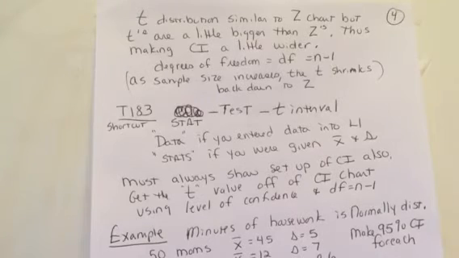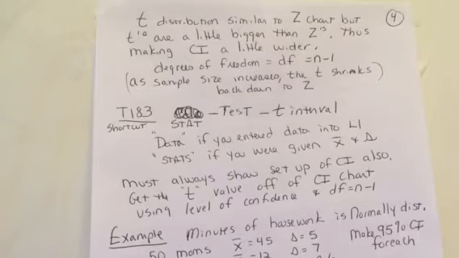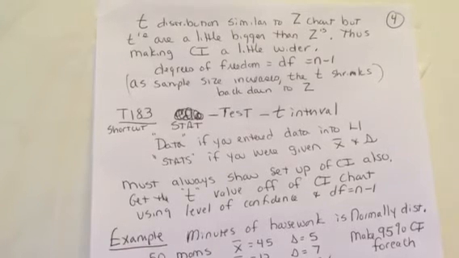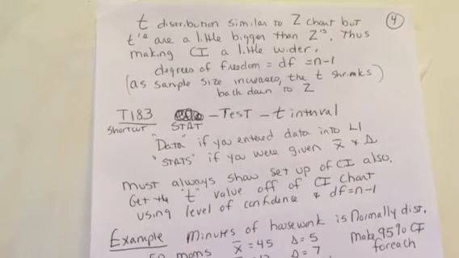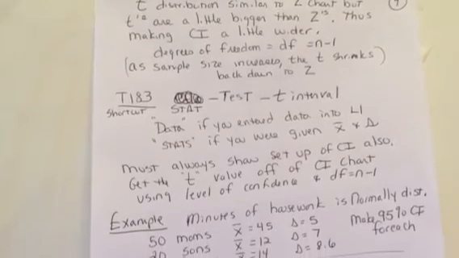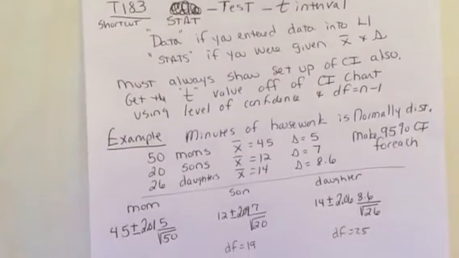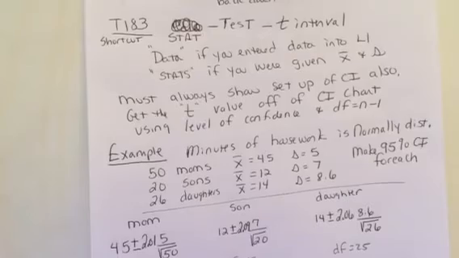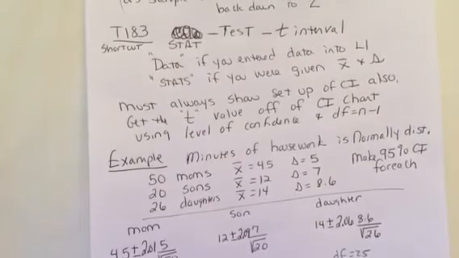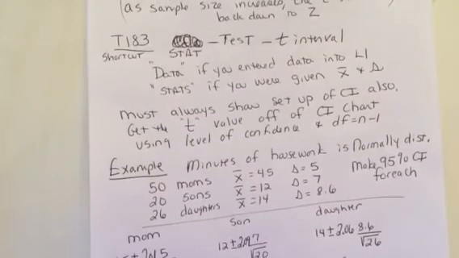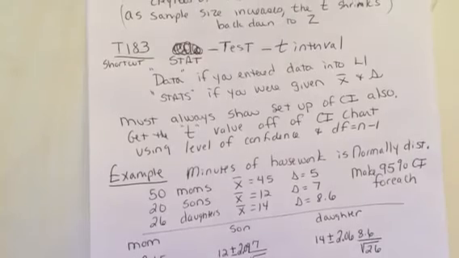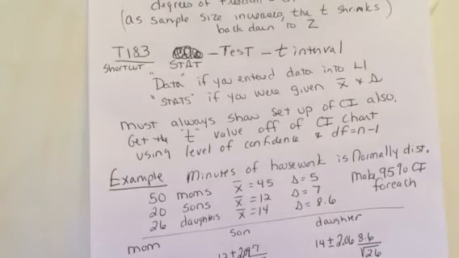Did they give you a list of data that you had to put into L1? Then you'll pick that. Did they just give you the X bar and the S? If they did, then you'll pick the stats. On a test for me, always have to show the setup of the confidence interval also, not just the answer from your calculator.